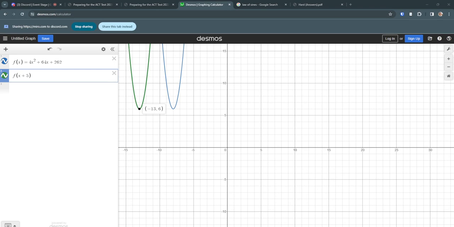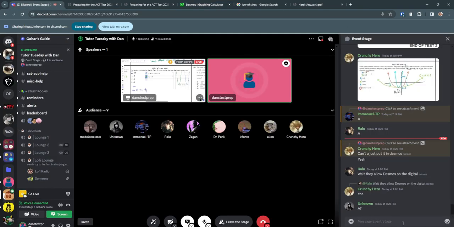I'll paste that in there right here. But let's say you wanted to solve it out by hand. Yeah, Desmos is allowed for the digital SAT.